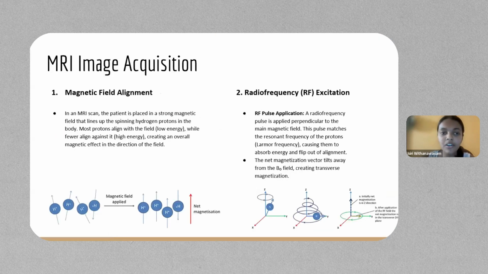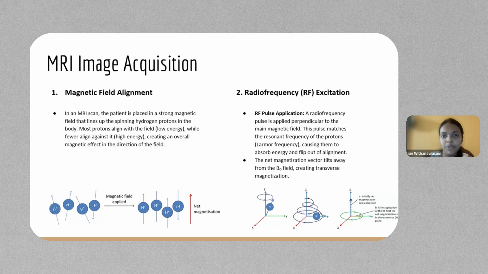I will talk about MRI image acquisition briefly. What happens here is there's a big magnetic field released by a giant coil inside the MRI machine, and then the H plus protons in our body get aligned with this magnetization. Then from the MRI machine, an external RF pulse is applied.